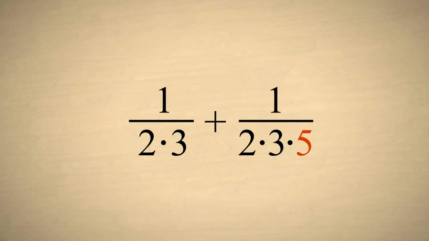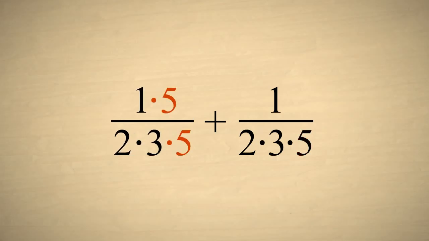We can remedy this situation by multiplying the numerator and denominator of the first fraction by 5. This doesn't change the value of the fraction since it's the same as multiplying the entire fraction by 1. However, its denominator will gain the additional factor of 5 that it needs.